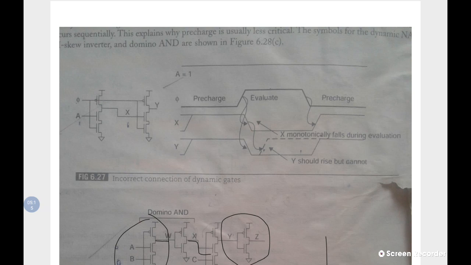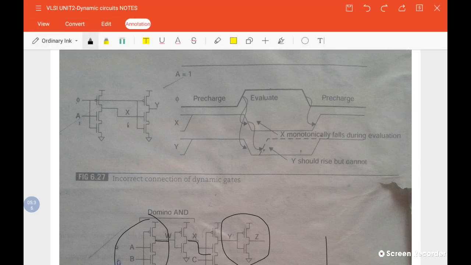When your clock is low, output would be high. When your clock is high, output would be low, because this is just a pure inverter. So for precharge, the output is high. For the first stage, you got the outputs in a proper way. So the X output is clear here.